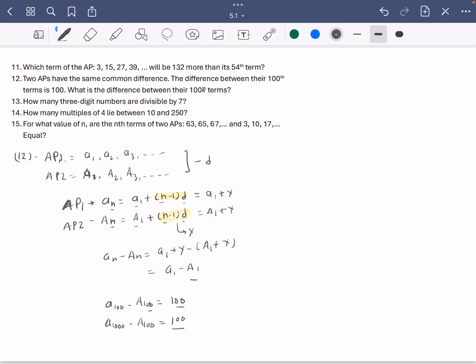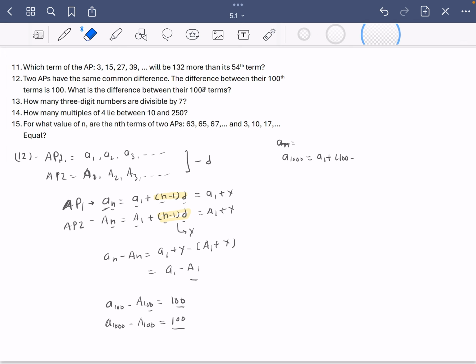You can find out another way too. So we'll start over here. So an, I do not know what an is, but I know n, which is the 1000th term. For the first AP, this is going to be a1 plus n minus 1 times d.